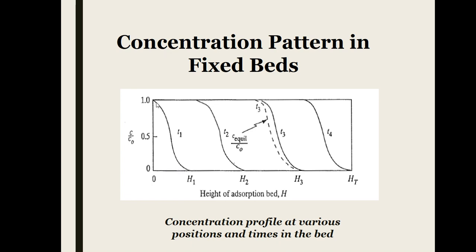There is a decrease in the value of C over C0, because C refers to concentration of the fluid over initial concentration. It is observed to decrease because as time moves on in the process of adsorption, the component from the original fluid gets adsorbed on the bed, so the C decreases. That is why you see here a decrease.